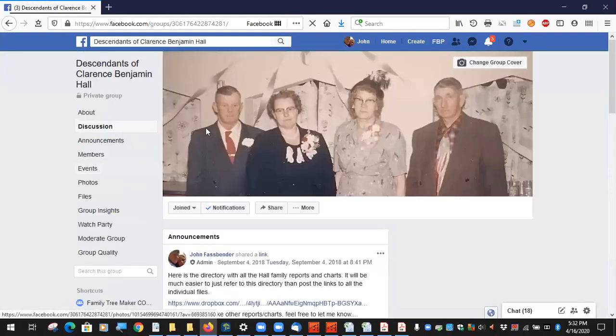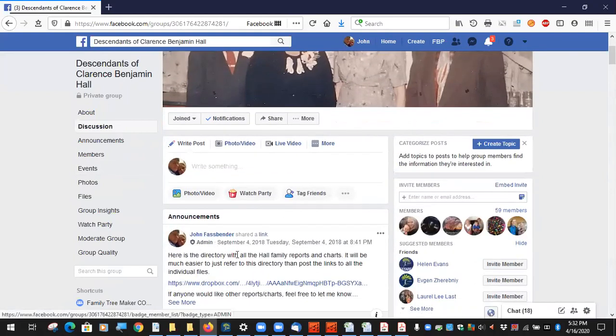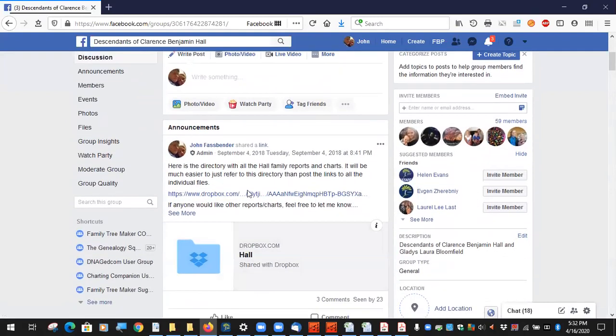Here's my descendants, and here's a descendants folder with all the Hall family reports and charts. Oh, you gave your Dropbox address. That's good. Yeah, I just give the Dropbox address.